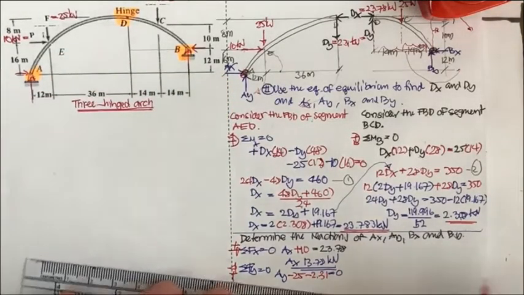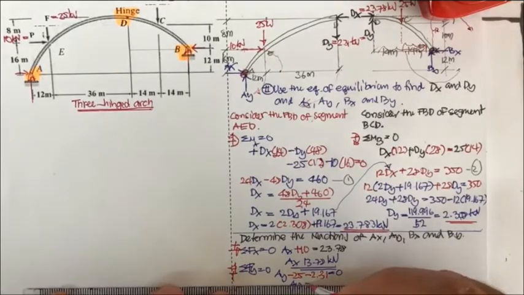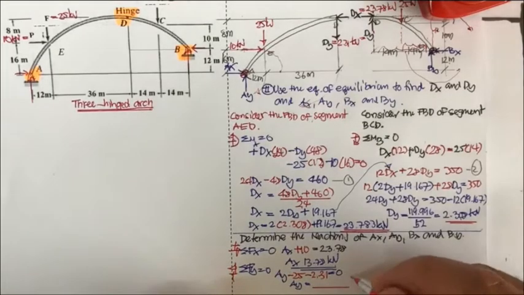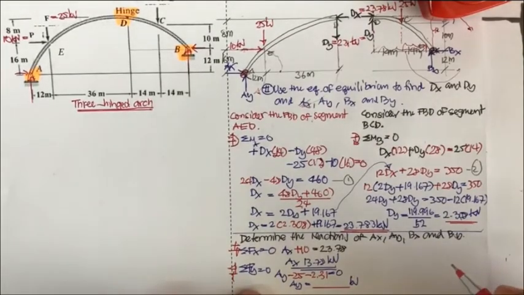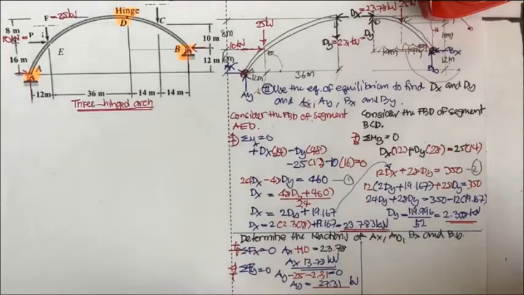If you put this, your a sub y is going to equal how much kilonewton? A sub y is going to be 27.31 kilonewton. Okay, and that is for a sub x and a sub y.